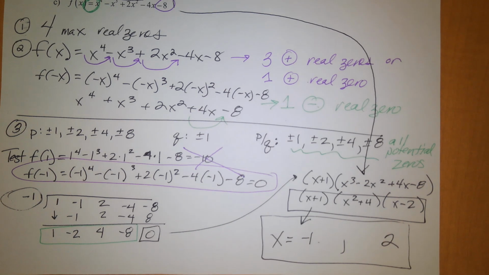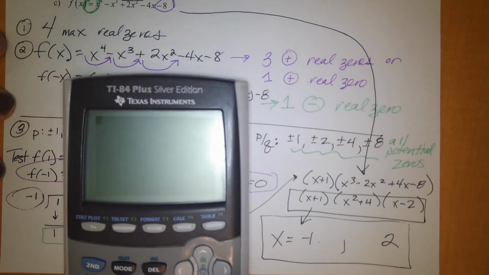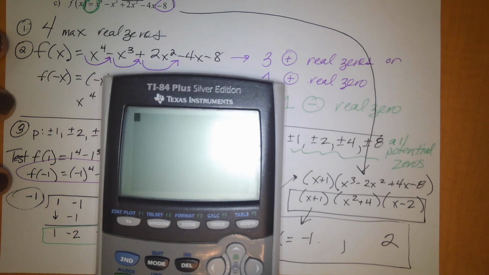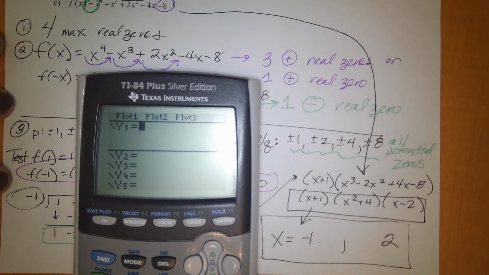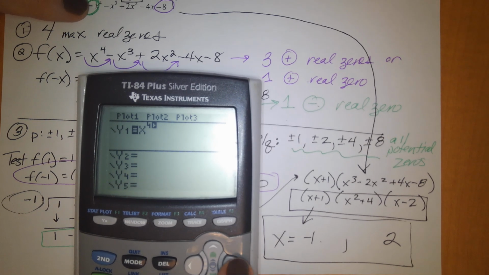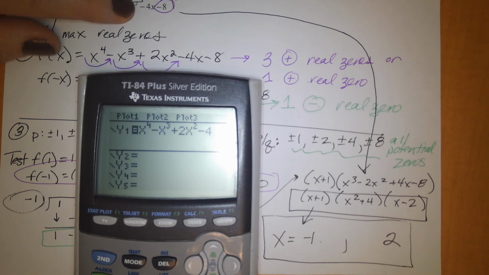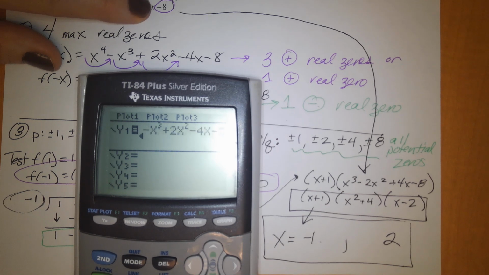One last thing you could do if you wanted to check this with a graphing calculator is you could always graph this. I just want to give you one example of what a graph of this would look like. So if we look at this graph, and I plug all of this information in that's in this original polynomial, we would do x to the 4th power minus x to the 3rd power plus 2 x to the 2nd power minus 4x minus 8.